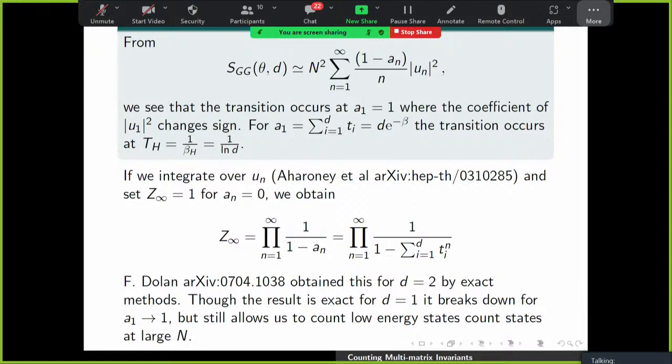It gives you an exact result, and you see that there's a pole in the expression when n is equal to 1. So that tells us that something happens to these coefficients; that's where the phase transition is, and that's the Hagedorn transition.